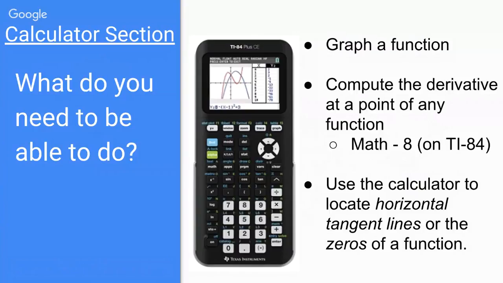You might also need to use the calculator to locate a horizontal tangent line. Andrea mentioned that in class. You could do that by finding the peaks or the maximums and minimums on various intervals, or even the zeros of a function. You want to be able to find that with a calculator as well. So both of those are in play for use of the calculator.